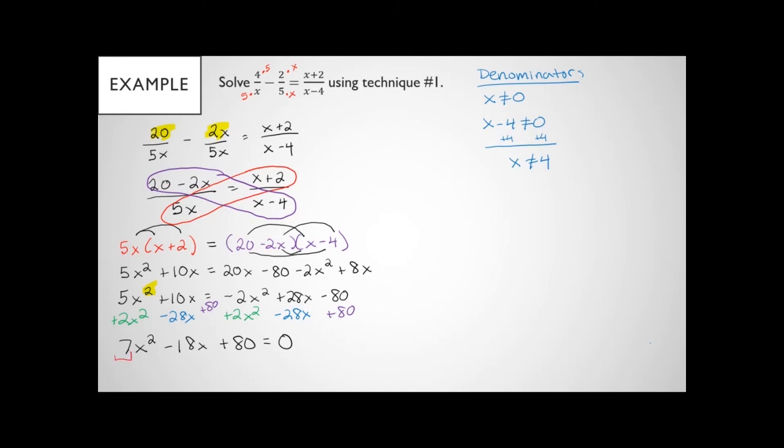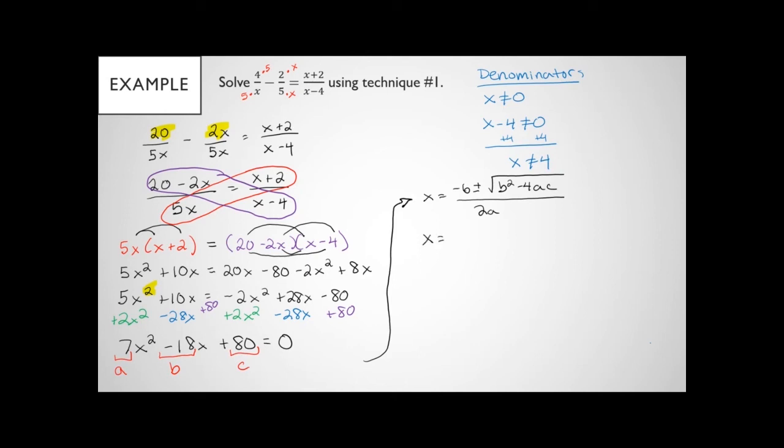So if you do the quadratic formula, 7 is going to be A, negative 18 is B, and 80 is C. So we're going to use the quadratic formula, and I'm going to just do that over here. So we have x equals negative b plus or minus square root of b squared minus 4ac all over 2a. So I'm going to start plugging in my numbers.